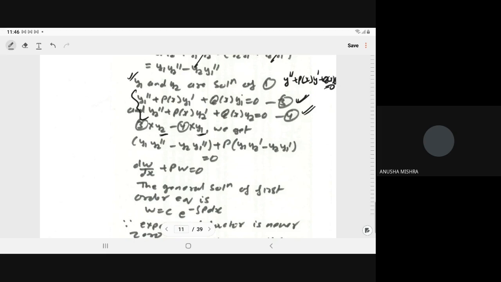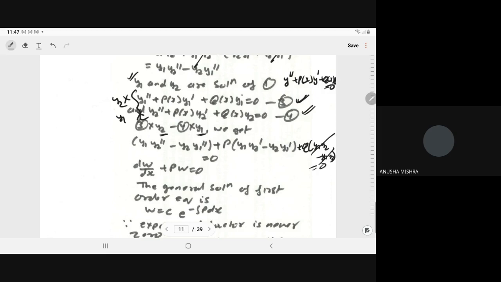You will get y1 y2 double dash minus y2 y1 double dash plus p (y1 y2 dash minus y2 y1 dash) plus q y1 y2 minus q y1 y2. So that will cancel out, and it is equal to 0.